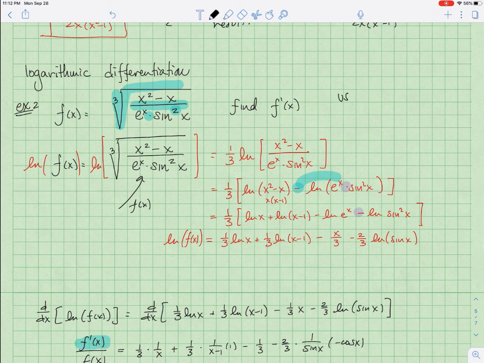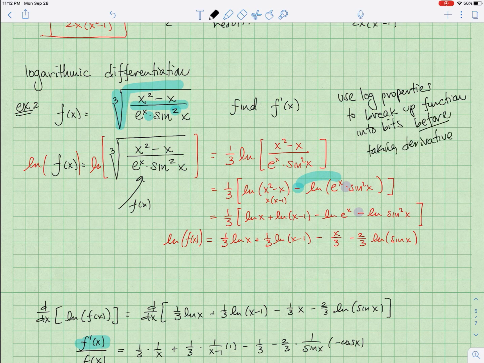So that's what we did here. Use log properties to break up the function into bits before taking the derivative. Well, how is that any different than what we did up above?